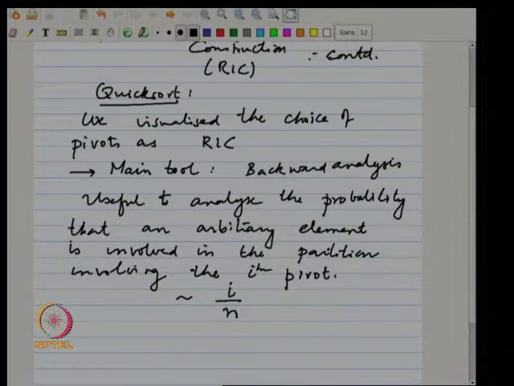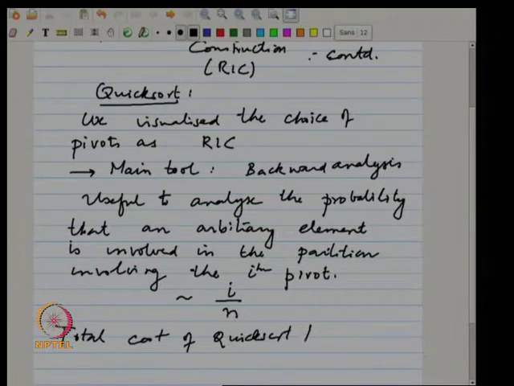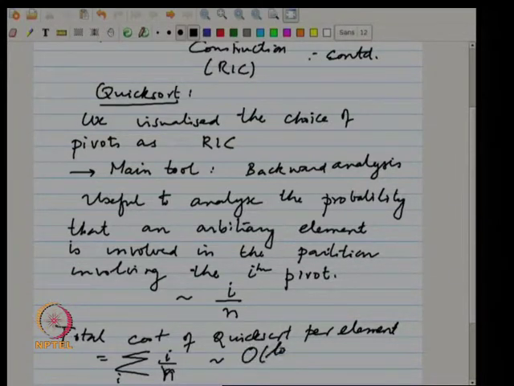That is what we analyzed, and with the backward analysis we came up with a nice simple number of i over n, and when you sum up i over n from i equal to 1 through n, the total cost of quicksort per element, summation of i over n, this is again log n.